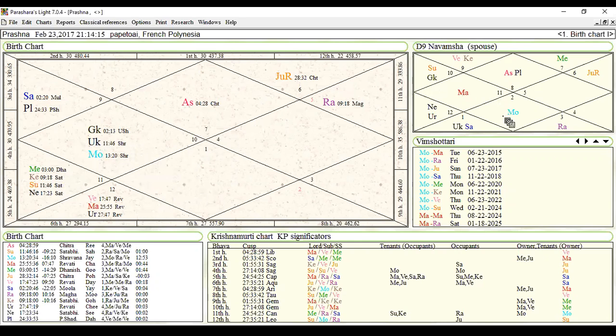But very correctly, you pointed out, look at the moon in the D9. It is not only in the 7th house, it is exalted. When a planet is exalted, it gives profusely, it gives excess. So the person may, in their moon period, have a lot of interest.